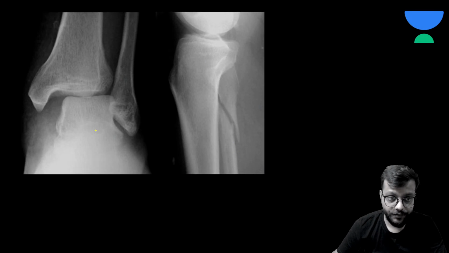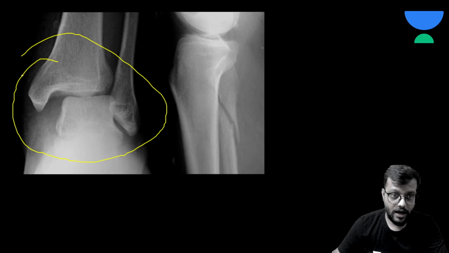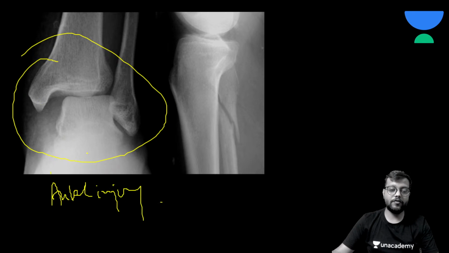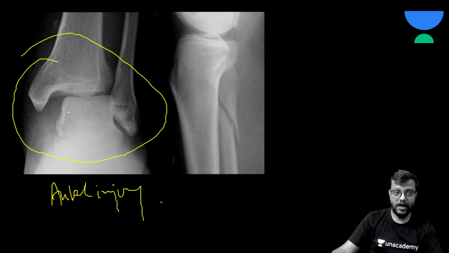Here you can see there is ankle injury with this dislocation and disruption of the ankle mortise, you can see. And if here it is, you can visualize this.